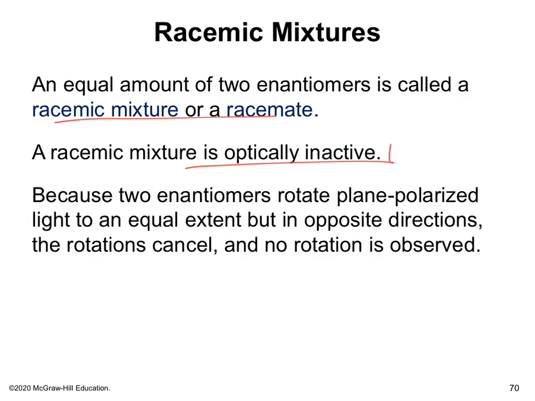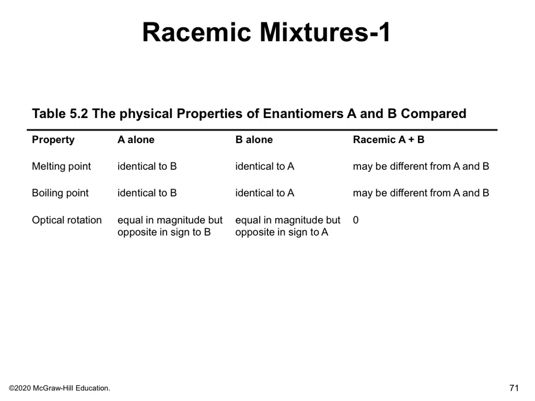Racemic is optically inactive. That's important to know. The rotations cancel out each other. So the melting points and boiling points can be a little different if it's racemic. Usually you can't separate enantiomers by melting points and boiling points.